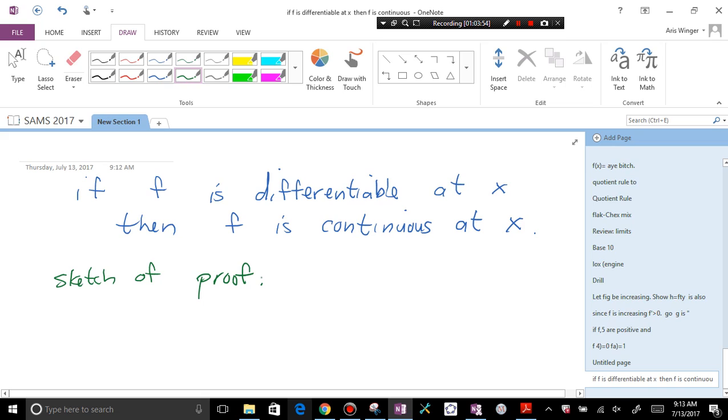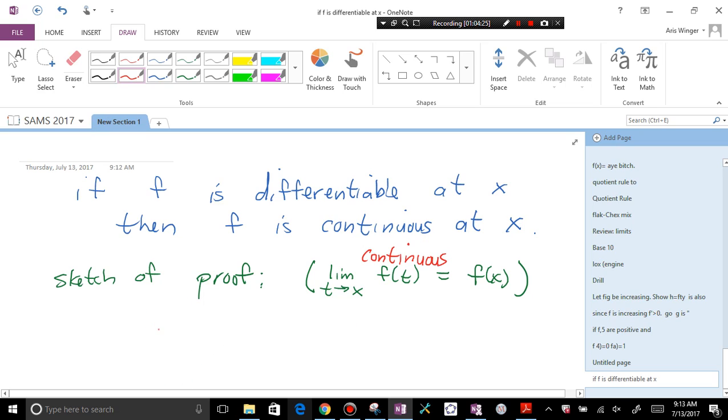We know that f is continuous if the limit as t tends to x of f of t is equal to f of x. That's what it means to be continuous. I'll ask for that definition on the test: define continuity. So that's what it means to be continuous.